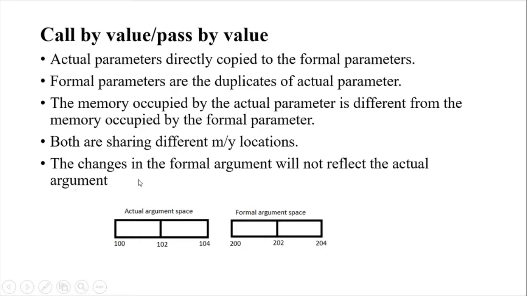This is the point that you have to note. In call by value or pass by value, whatever changes you make in the formal argument, that is in the function definition, will not reflect in the actual argument in the main function.